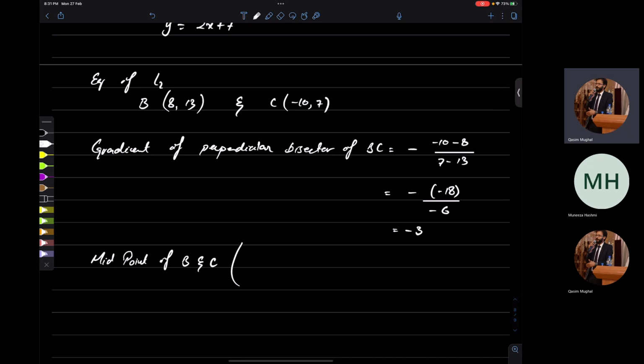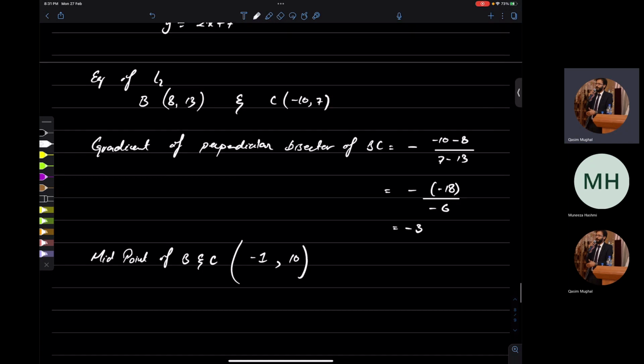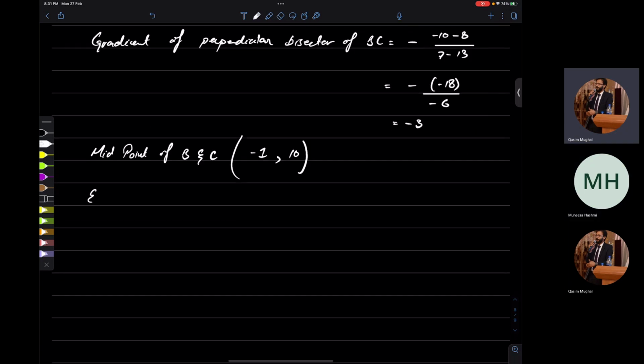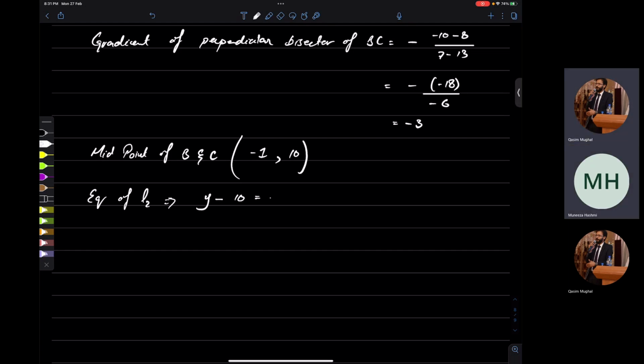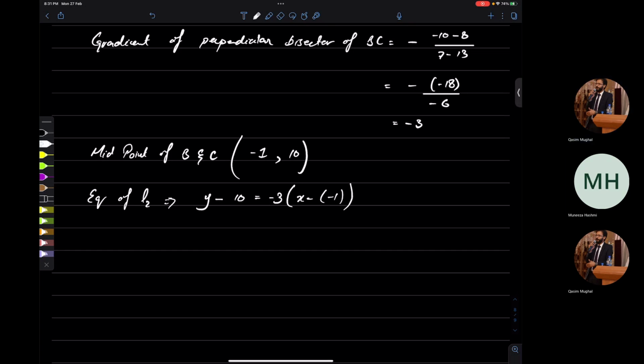So that would be 8 minus 10 is -2. -2 over 2 is -1. 13 plus 7 is 20. And then half of 20 is 10. So that's the midpoint for B and C. Now, equation of L2 would be y minus y1 equals m times x minus x1.